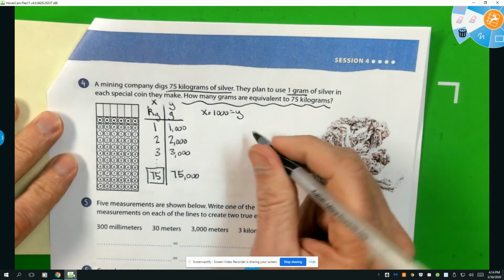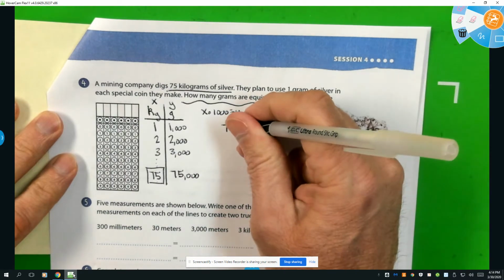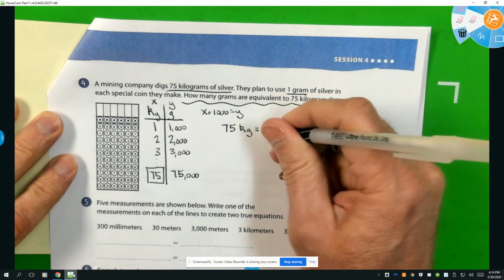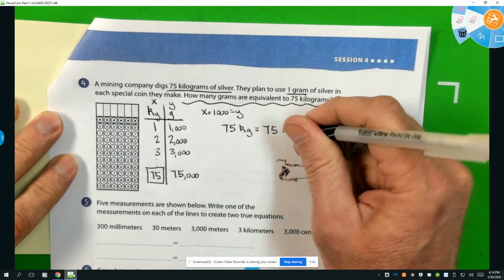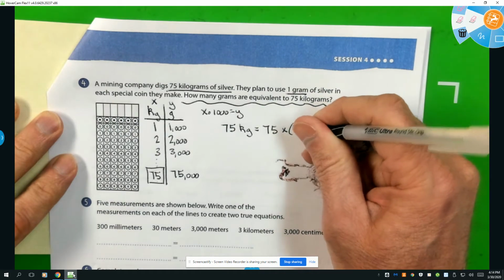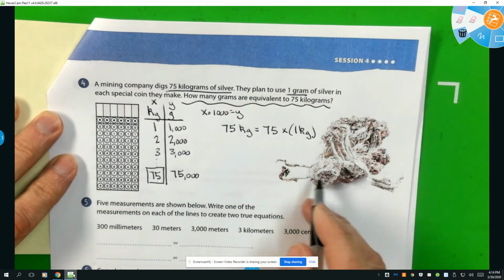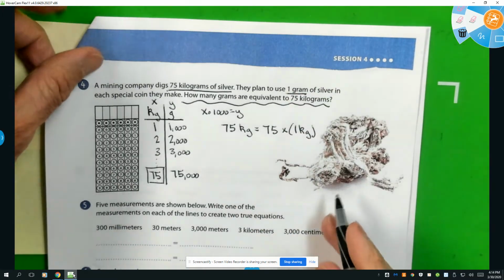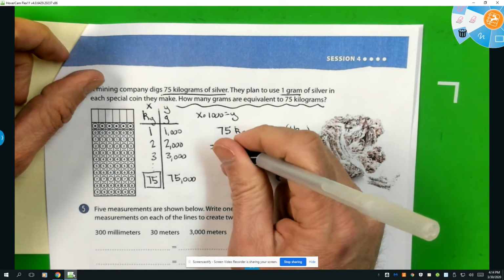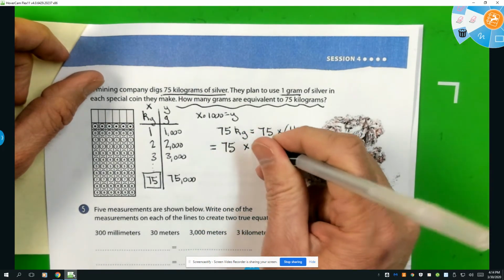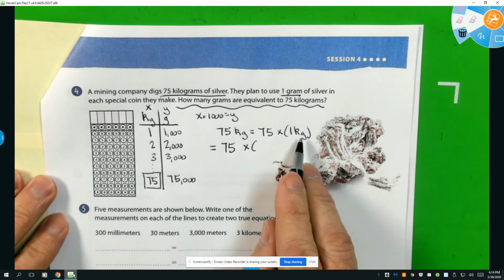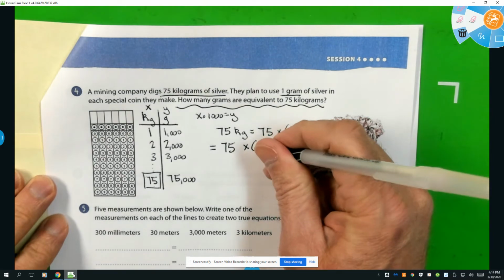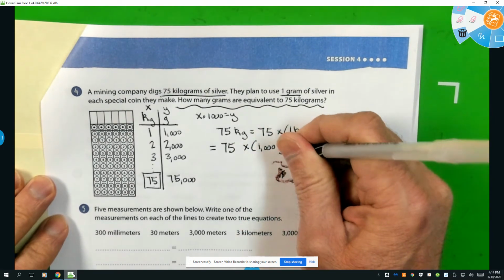Okay, so 75 kilograms equals 75 times 1 kilogram. Wish that little picture wasn't here, we'd have a lot of really good space to use. Okay, and that's the same as saying 75 times, now what is our conversion? 1 kilogram is 1,000 grams. So 75 times 1,000 grams.